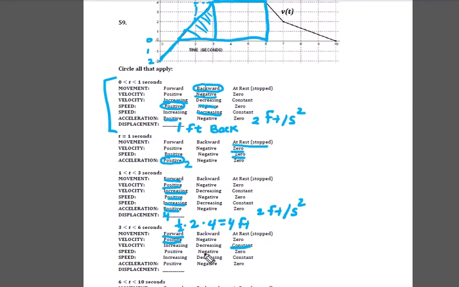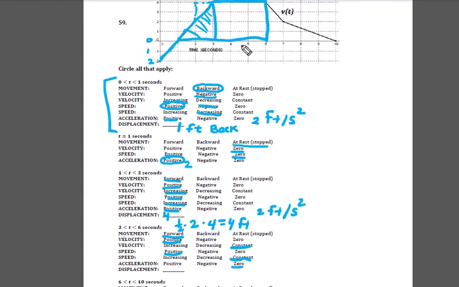The speed is a constant 4 with it, so it's positive. The speed is not decreasing or increasing. The speed is constant. The acceleration is the slope. That's the change of the velocity, which would be 0, since it's always 4. So you could say that the slope or acceleration is 0.